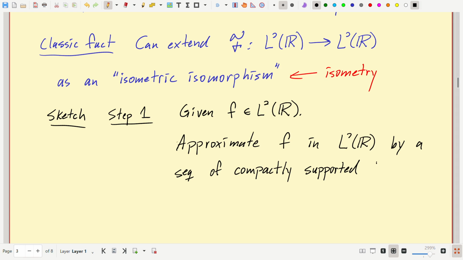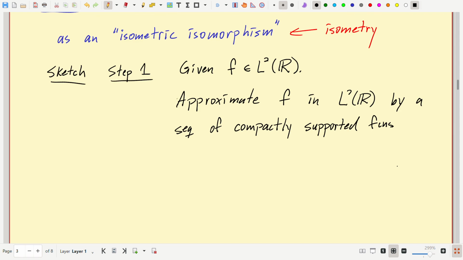Compactly supported functions. That turns out to be a snap. Let's let Fn be the characteristic function for minus n to n times f.